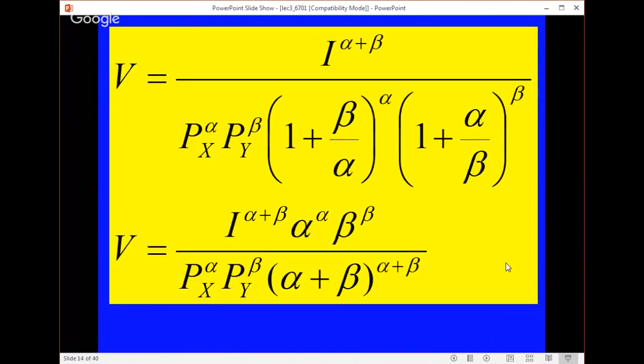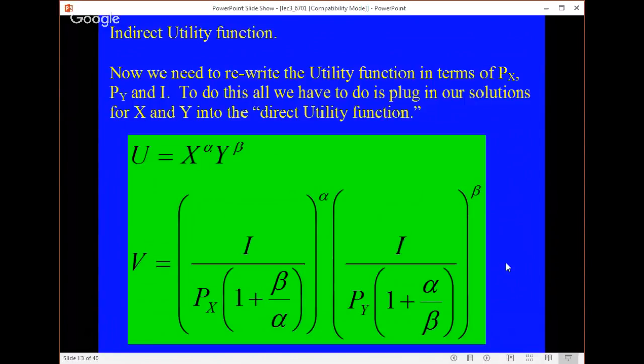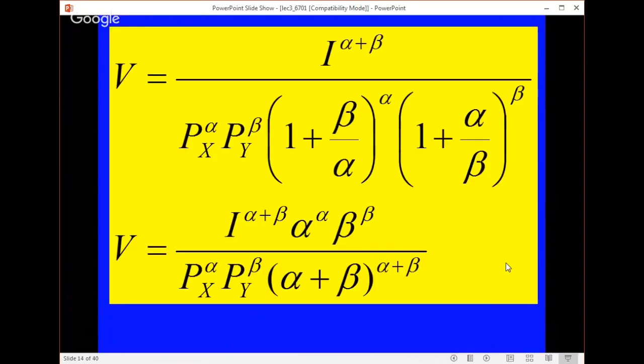So the first thing I do, right, is have all this with respect to alpha, all this with respect to beta, right? And I have I up top, right, which is I to the alpha, I to the beta, so I get I to the alpha plus beta, and then I just multiply what's in the denominator. So I get Px to the alpha, Py to the beta, (1 plus beta over alpha) to the alpha, (1 plus alpha over beta) to the beta.